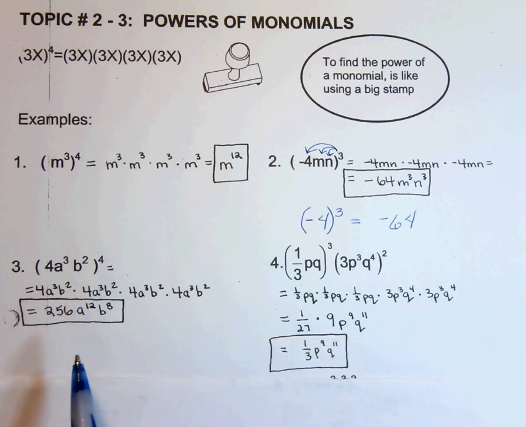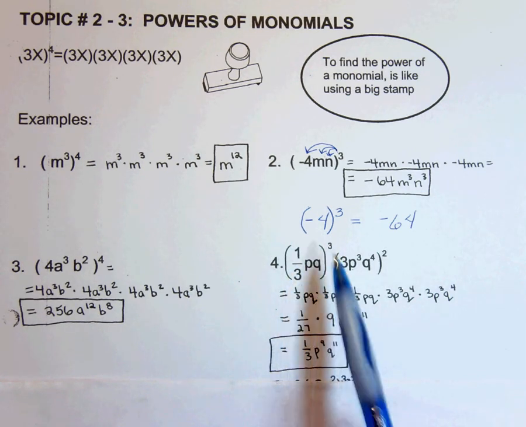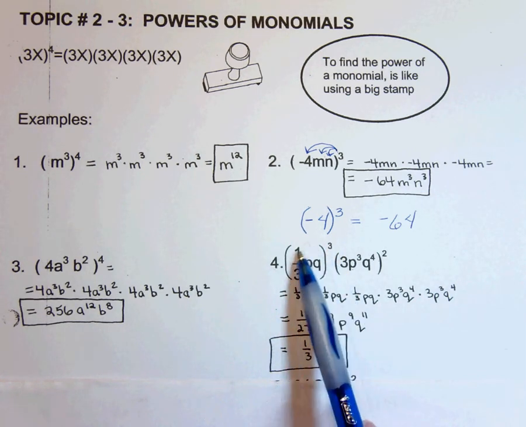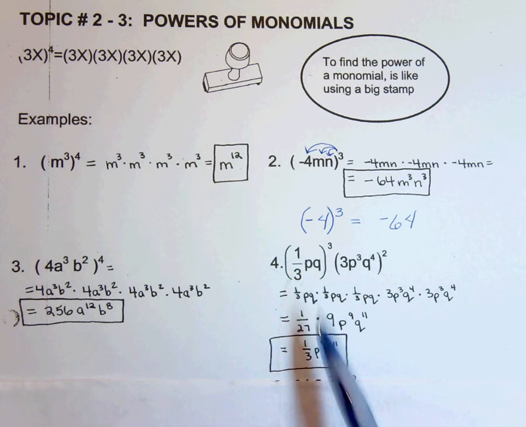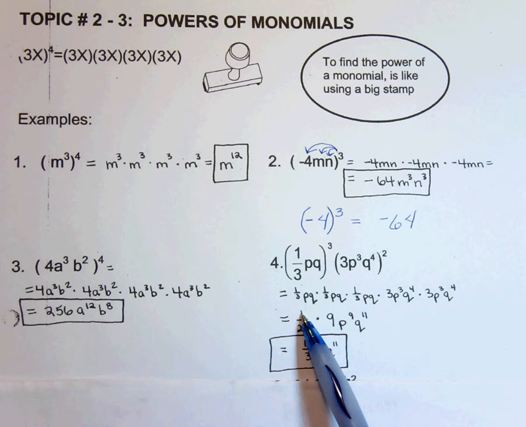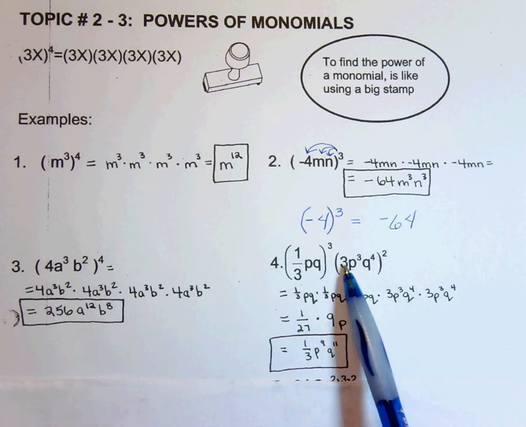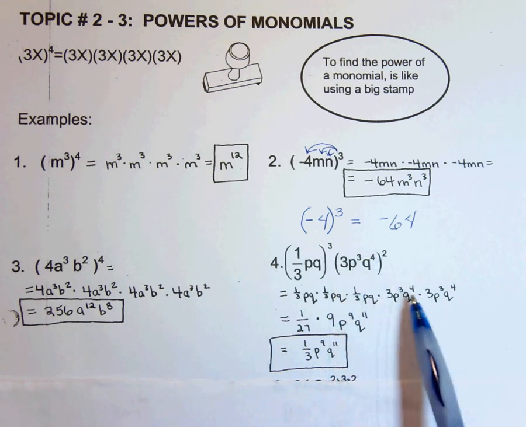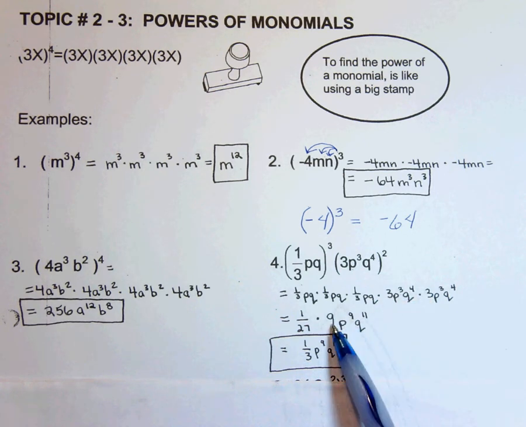Alright, here's a fraction for number 4. 1/3 to the power of 3, that's 1 times 1 times 1, but it's also 3 times 3 times 3. That's where we get the 27 and the 1 on top. Let's see, oh, that one's done separately. 2 to the power of 3, that's like having, I'm sorry, to the power of 2 of them, so that's 9.